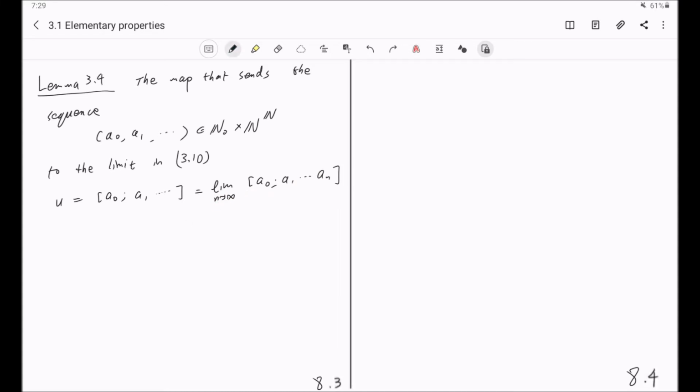And this lemma states that the map that sends the sequence to this continued fraction is injective.